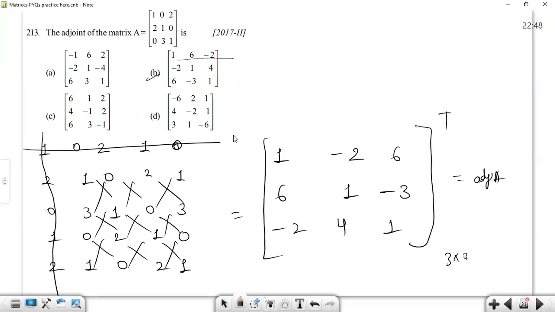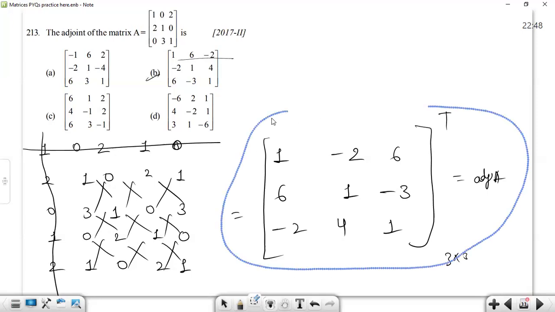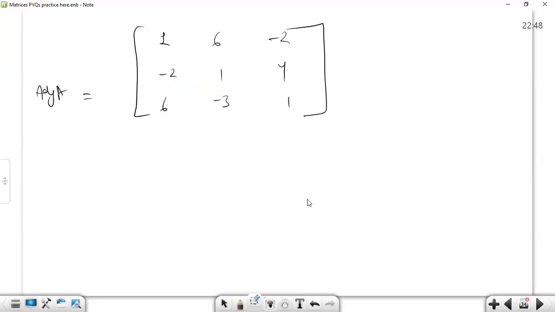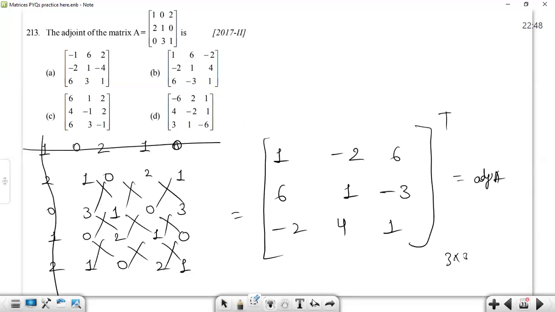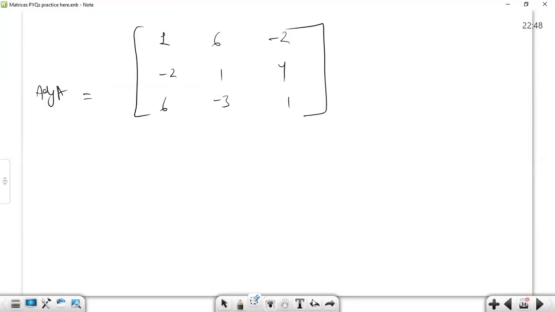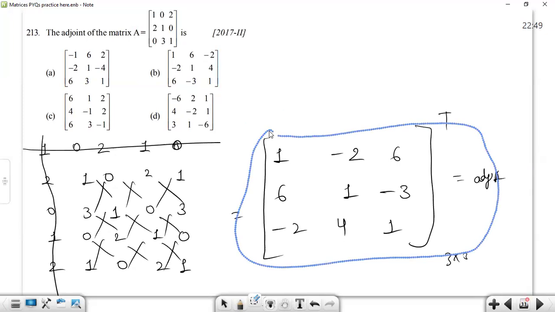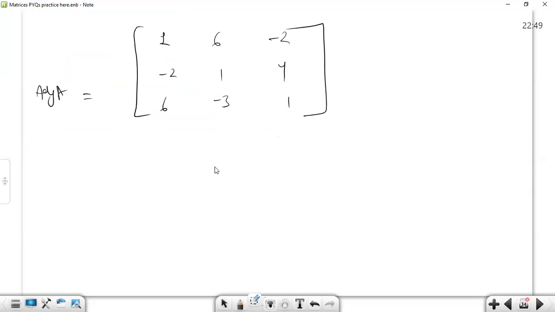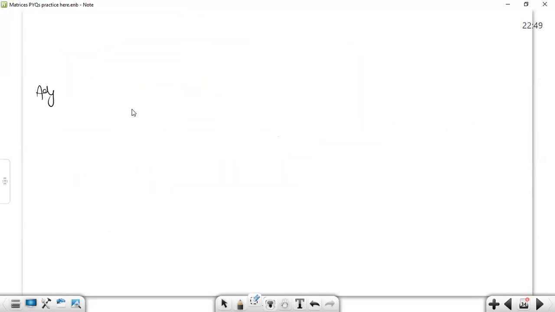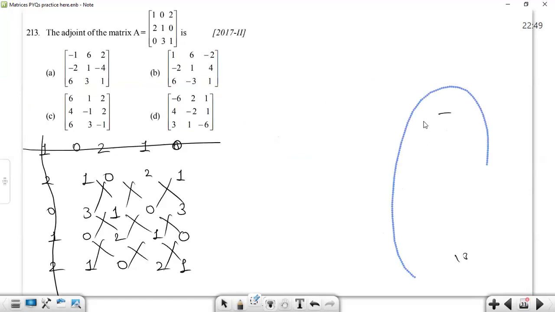Now, in objective type questions, we just will not be finding all the elements. Let me resolve it for you. We will not find so much.